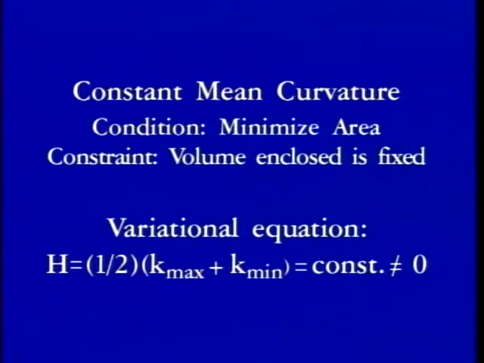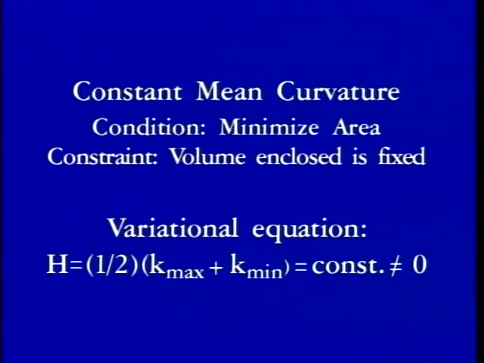So what it is trying to do after it compresses the air to a certain fixed volume that will not change, will not get any smaller, is try to minimize its tension or its surface area subject to the constraint of enclosing a fixed volume. And one gets a surface of constant mean curvature. So, if one looks at the variational problem of minimizing area subject to the constraint of enclosing a fixed volume, the variational equation tells you that at each point the mean curvature is equal to a non-zero constant.